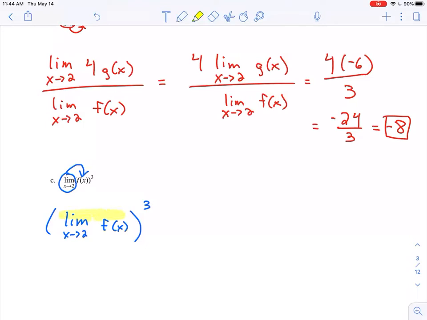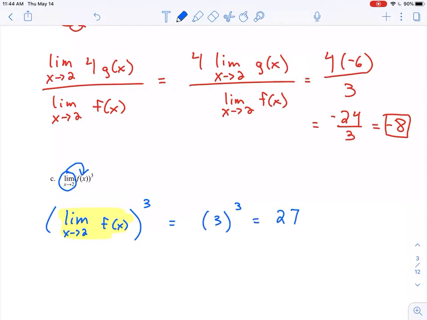Now I know what this was. This was given to me in the very beginning of my problem in the instructions. We said that was 3 to the third power. So 3 times 3 times 3 should give me 27 for this limit.